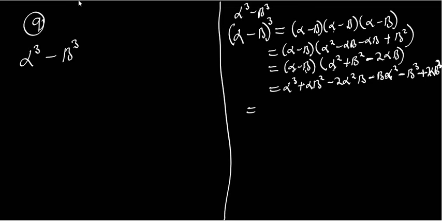So the answer that you have is alpha cubed. Let's get alpha cubed, then I also get this part here that is minus here, right? Beta cubed. Then I have alpha beta squared.